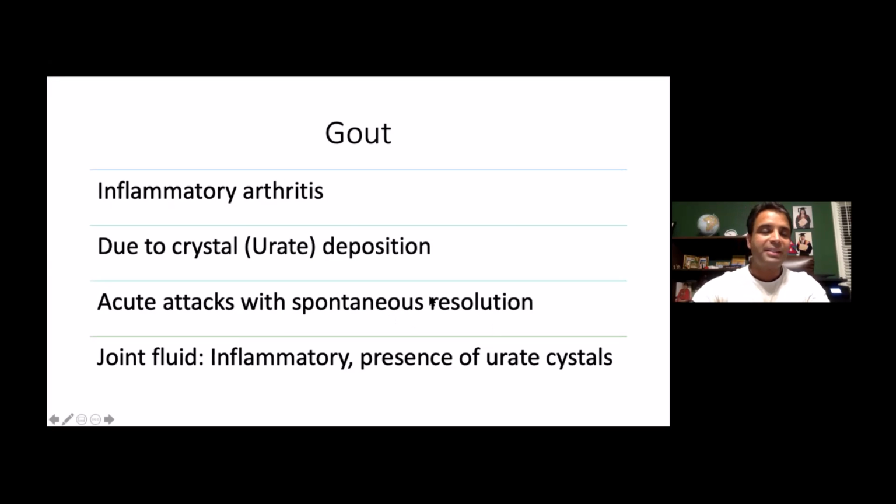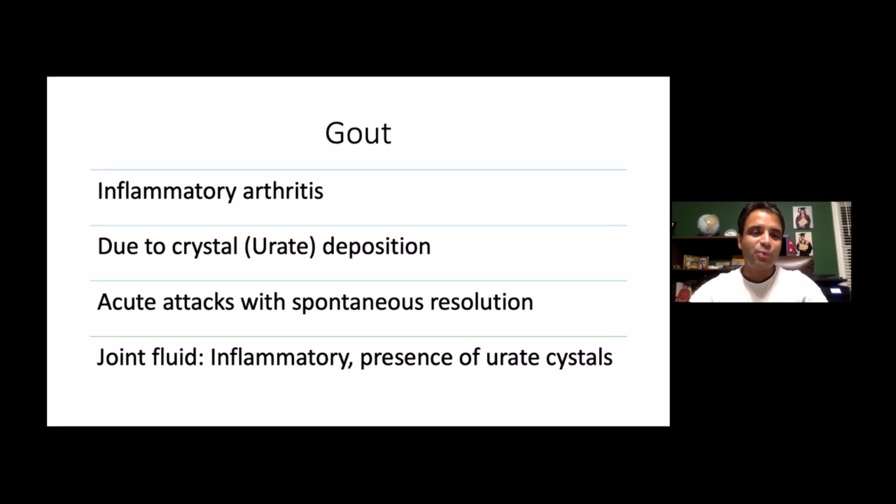Now, the other variety of inflammatory arthritis is called gout. The main pathophysiology is uric acid crystal deposition in the joint. It could be any joint, including the knees, one of the common ones, the ankle is another, and a few other joints. Typically they present with either monoarticular or oligoarticular arthritis. That's typical of gouty arthritis.